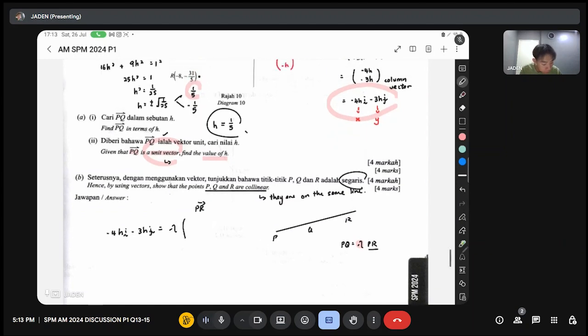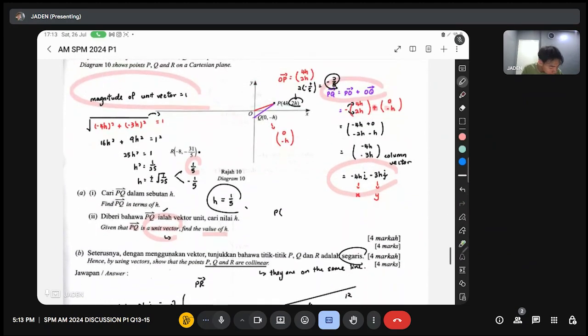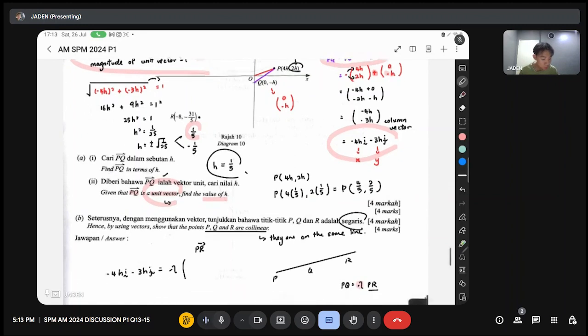For example, the P coordinate is 4h and 2h. Since you already have your h, this is P: 4 times 1 over 5, and 2 times 1 over 5. As a result, your coordinate for P is 4 over 5 and 2 over 5. Keep that in mind. You want to keep this as part of your solution.